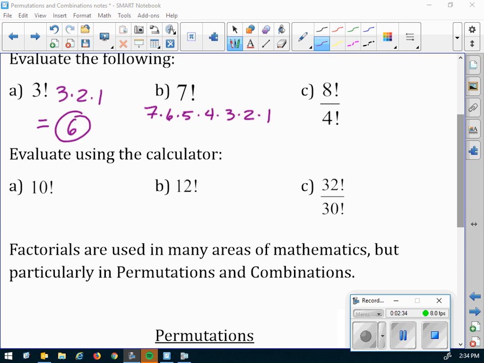Now, I want you to not be quite so dependent on your calculator. Let's see if we can find any of these numbers that will multiply together to give us some nice things that make multiplication easier. 5 times 2 is 10.